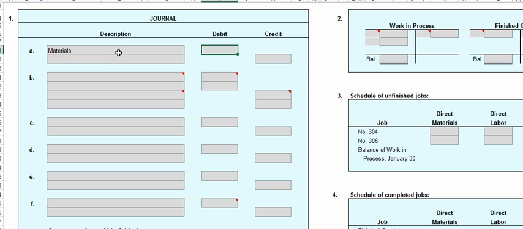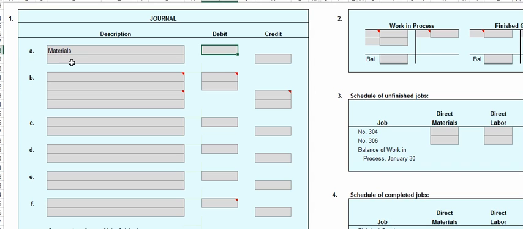I usually, in class, if I were doing this on the board, I would definitely call it materials inventory. But that's not important as long as you realize that materials, work in process, and finished goods are all inventory accounts. They're not going to use the word inventory after them here in the account title, but remember, they are inventory accounts.